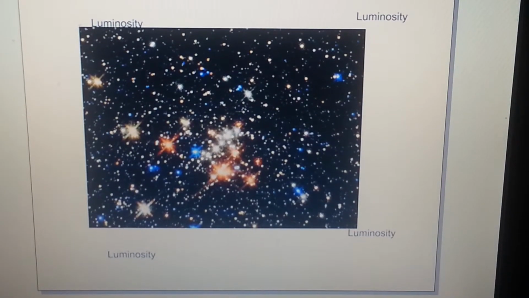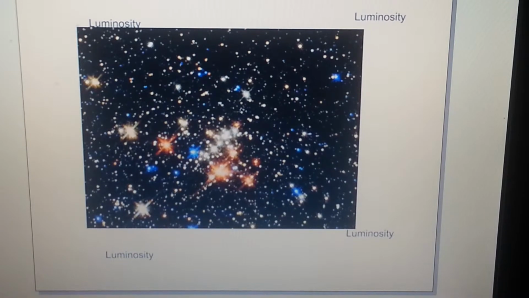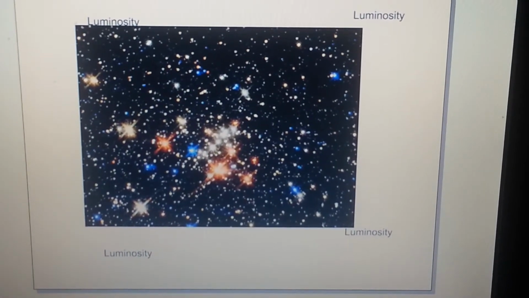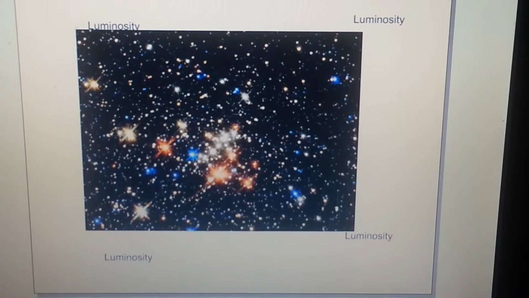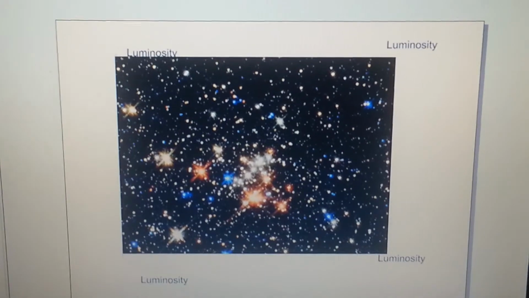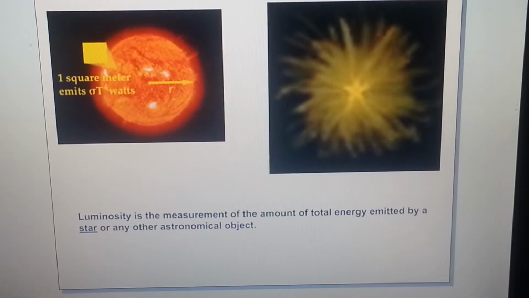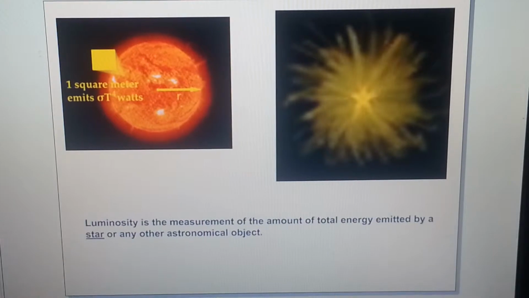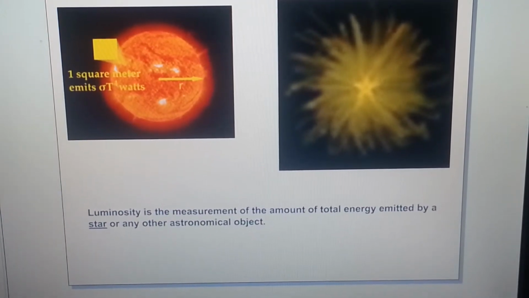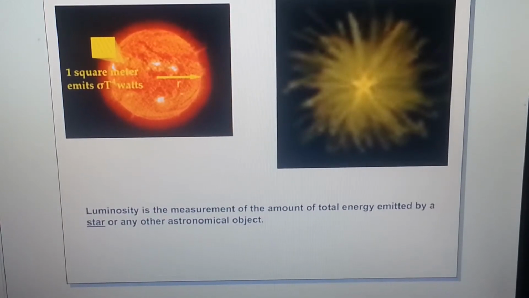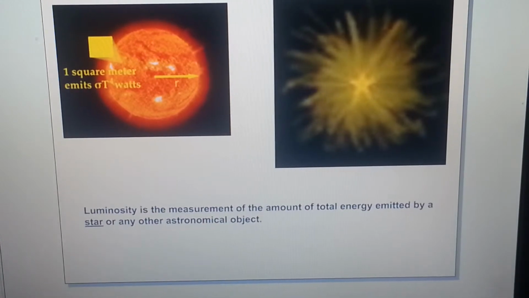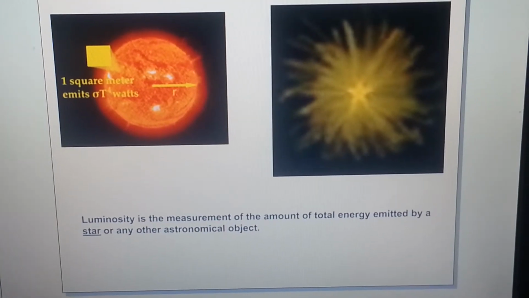That would be on page 350 or 351 in your textbook if you want to see how the diagram works. Basically it defines the stars' radius and temperature, and why these stars shine so beautifully. What is luminosity? It is the measurement of the total amount of energy emitted from the stars or any other astronomical object that shines just as bright in the sky.